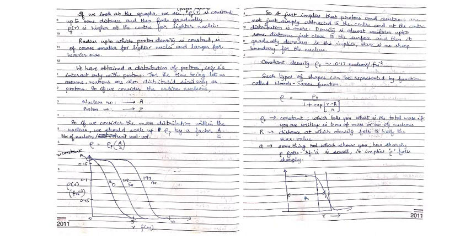It's not an abrupt end. The best fit for this graph is obtained when you write your density as rho is equal to rho 0 divided by 1 plus exponential of r minus R by a.